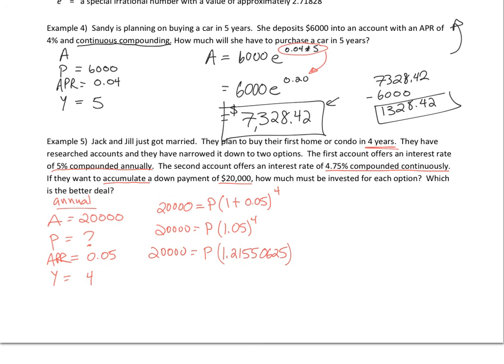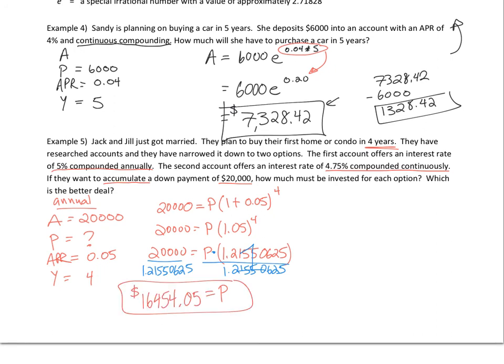So now this is a pretty simple equation to solve though, because we have the variable times something. If we just divide by that number, we can figure out what P is. So we're going to divide by that number so it will reduce to 1. And on the left side of the equation, we will see that P equals $16,454.05.